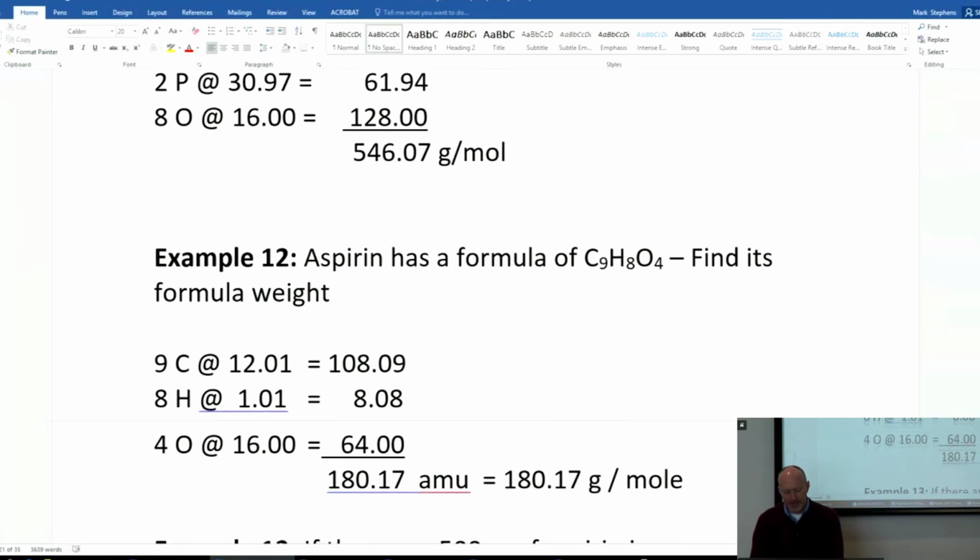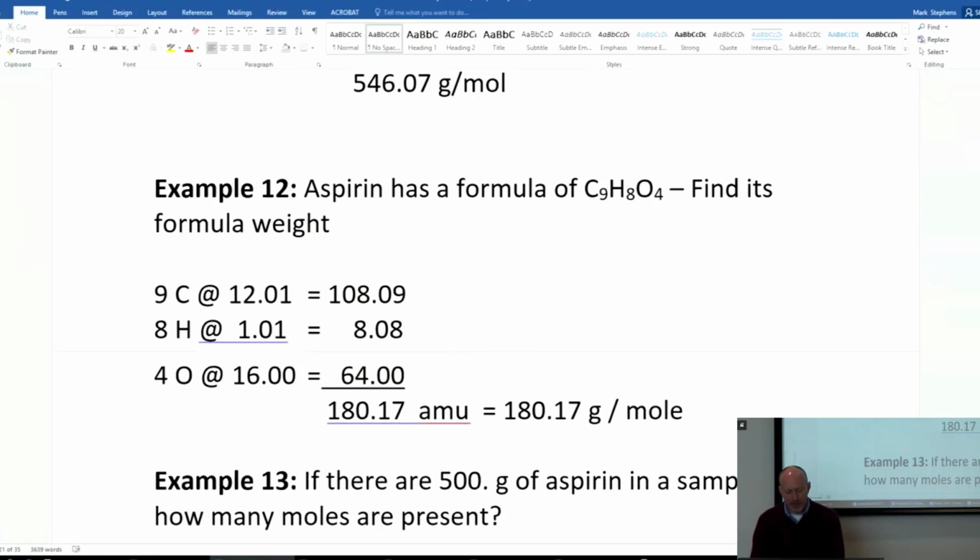Now we're going to use it in the way that we used it when we talked in chapter 2 about converting materials to moles. If there are 500 grams of aspirin in a sample, how many moles of aspirin do we have?